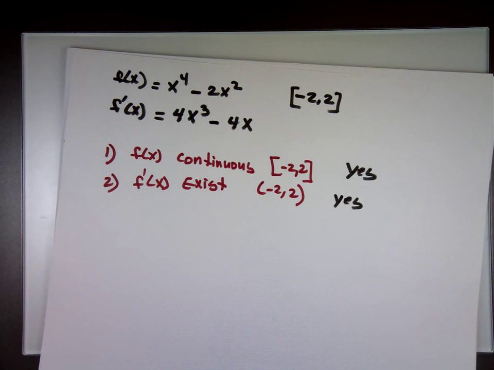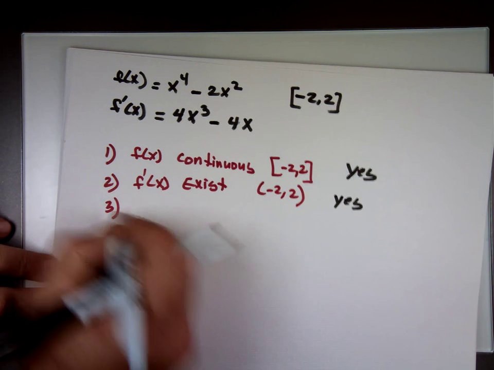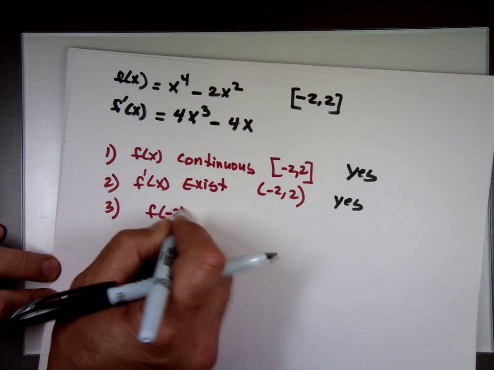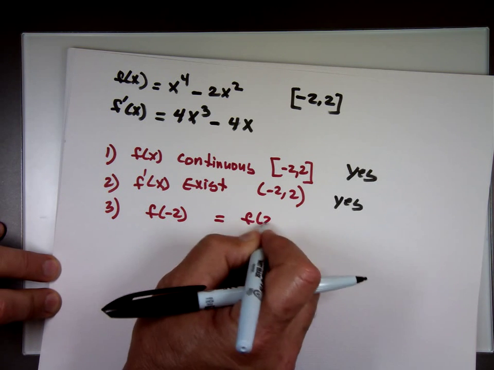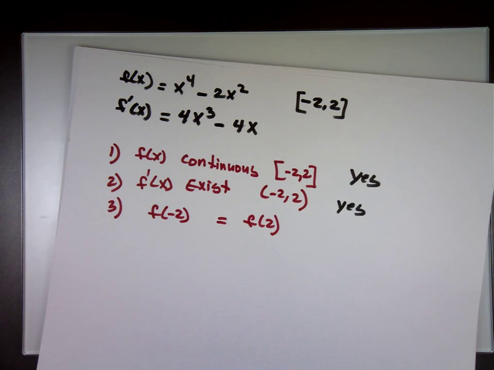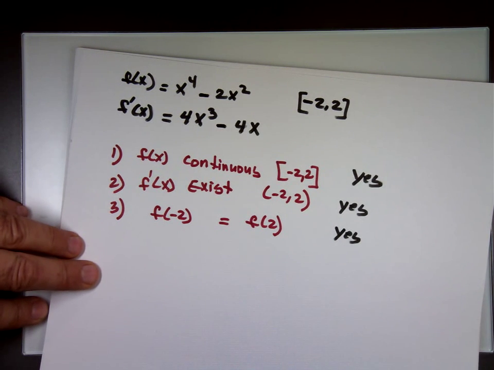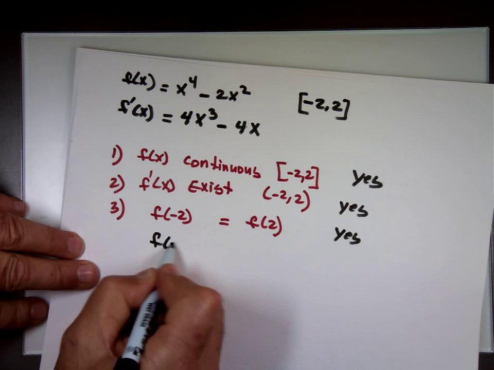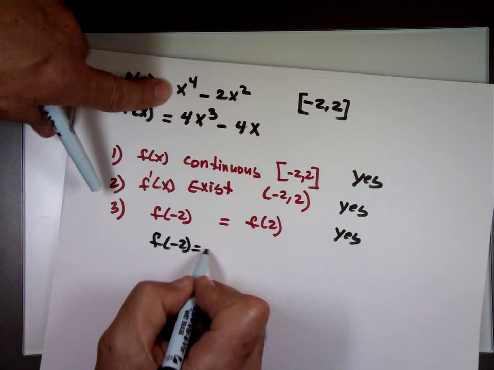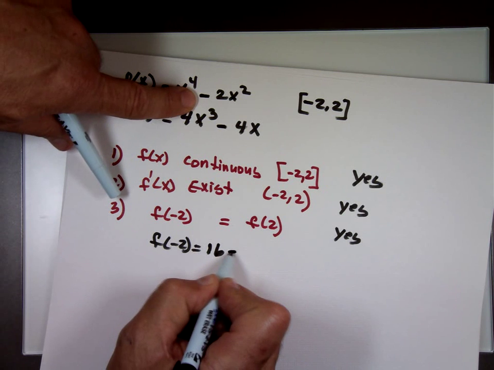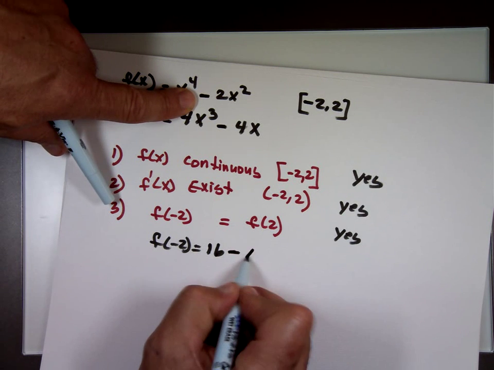And test number 3, what's test number 3? Is f of negative 2 equal to f of 2? That's also a yes, because f of negative 2 is going to be 16 minus 8, which is 8.